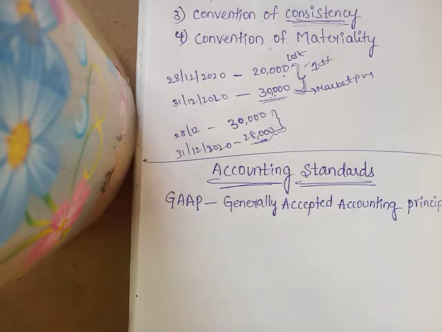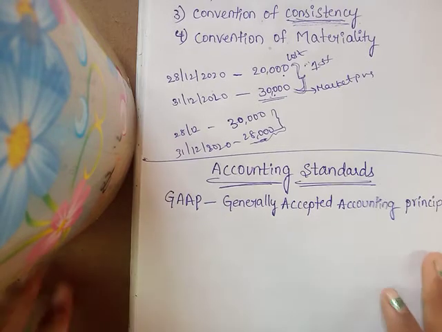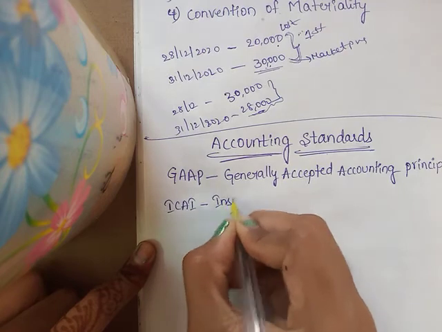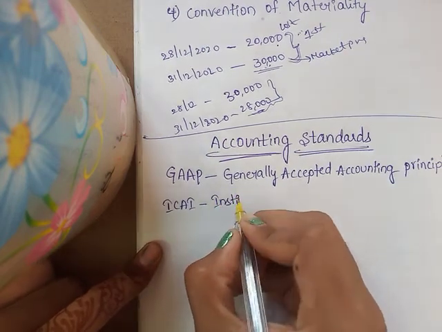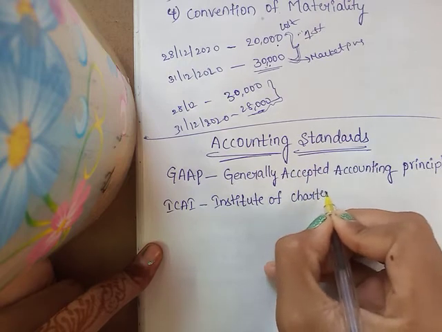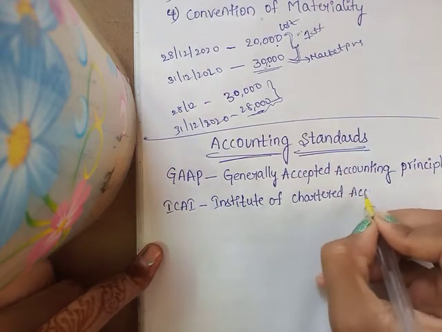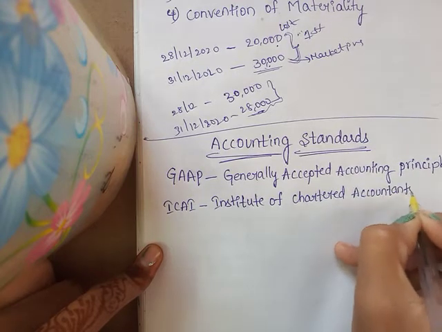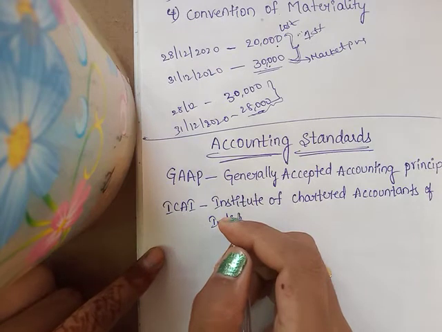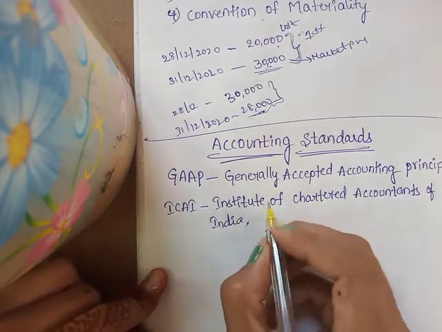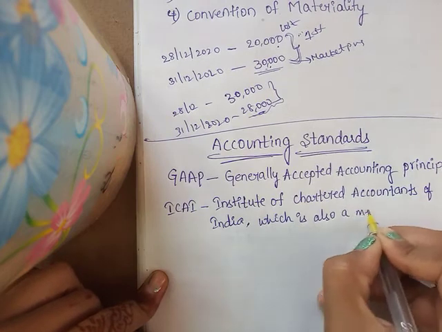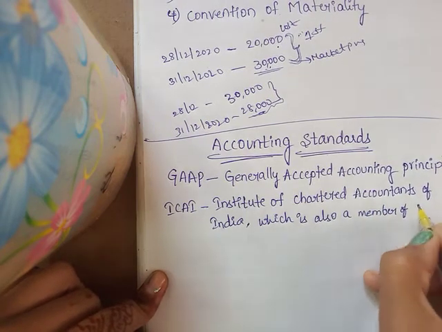The body which constituted it is ICAI. The full form of ICAI is Institute of Chartered Accountants of India, which is also a member of IASC.